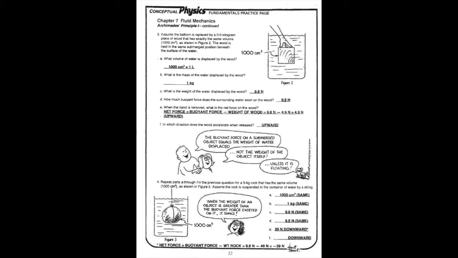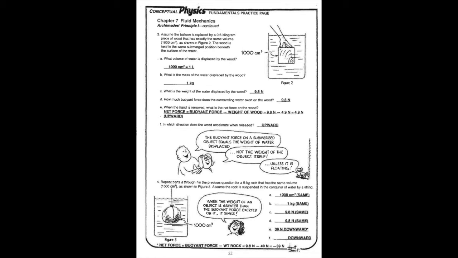In this case, the weight of the wood is 4.9 newtons, so if you will, 10 newtons minus 5 newtons, you would have 5 newtons of upward force.